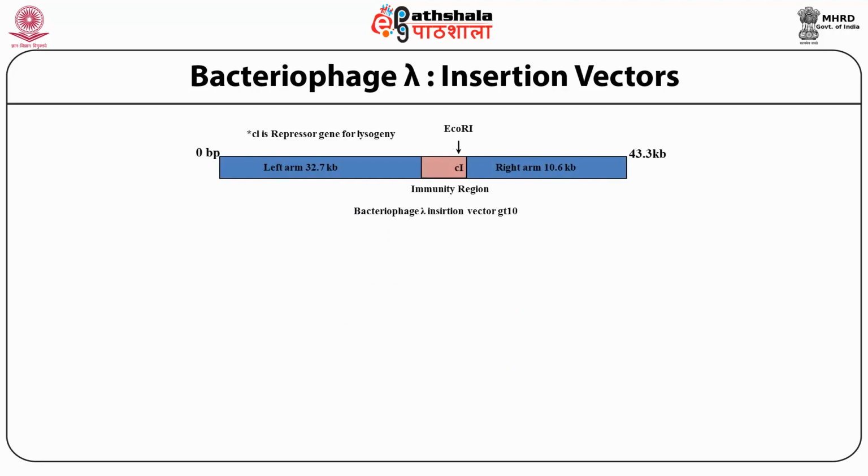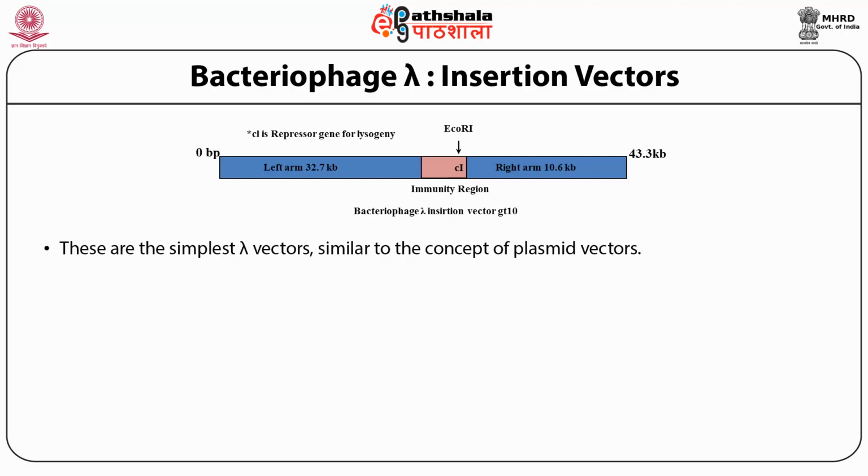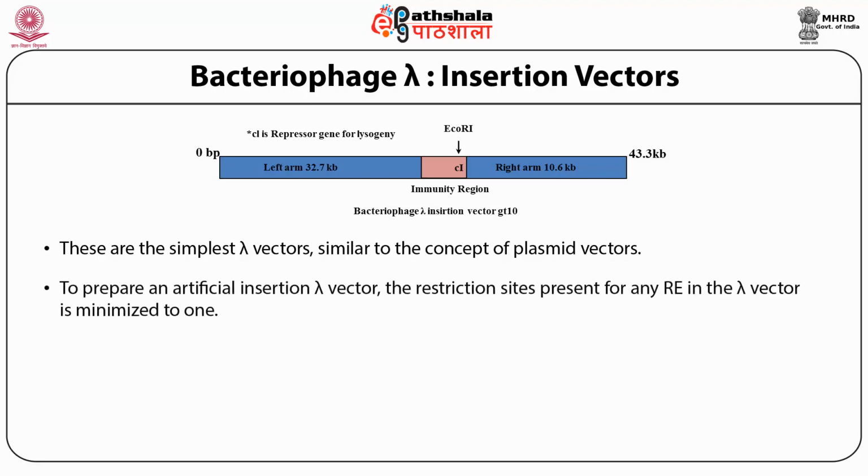Bacteriophage lambda insertional vectors. Two types of lambda bacteriophage vectors are found on the basis of accommodating foreign DNA. First is the insertional vector. These are the simplest lambda vectors, similar to the concept of plasmid vectors. To prepare an artificial insertion lambda vector, the number of restriction sites present for any restriction enzyme in the lambda vector is minimized to one.